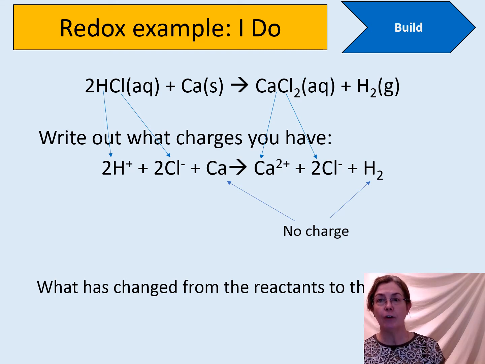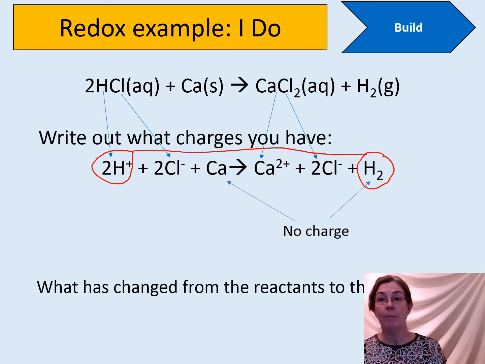If we have a look, we can see that the hydrogen ions have become hydrogen elements, so they have changed from the reactants to the products. What else has changed? Well, we can see that the calcium element has become calcium ions, so they have changed from the reactant to the product.